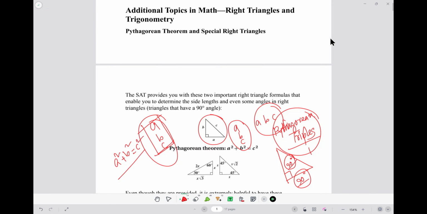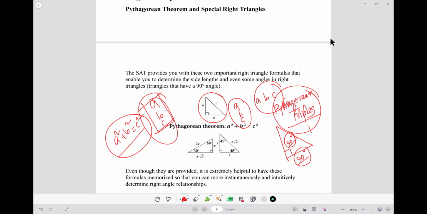That's why we call these 3 numbers together, just like a packet, a Pythagorean triple.